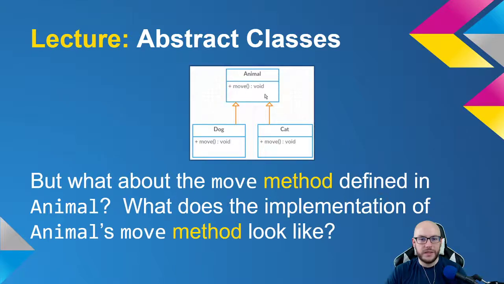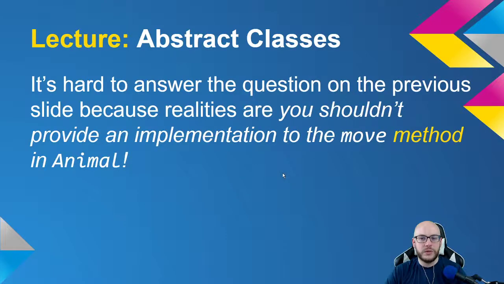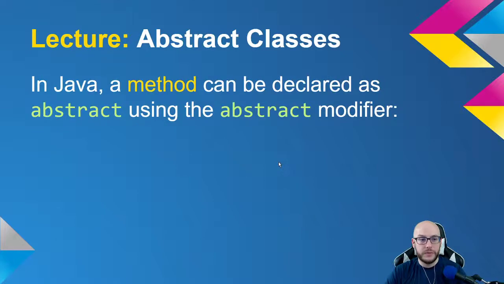What does the implementation of this one look like? How does an animal move? Just a generic animal. What are you going to put here? It's hard to answer the question because realities are you shouldn't provide an implementation to the move method in animal.